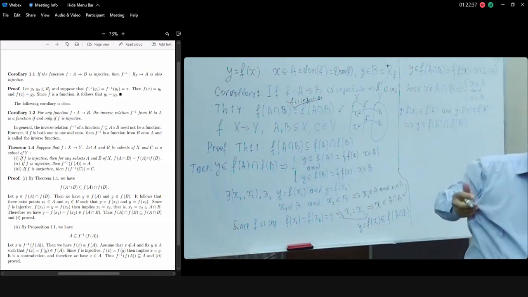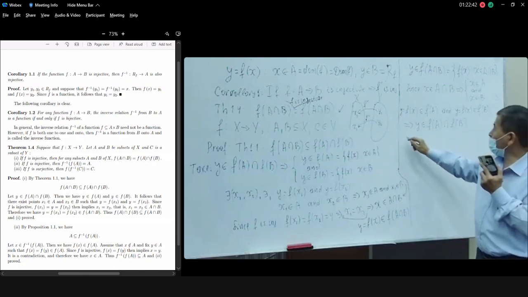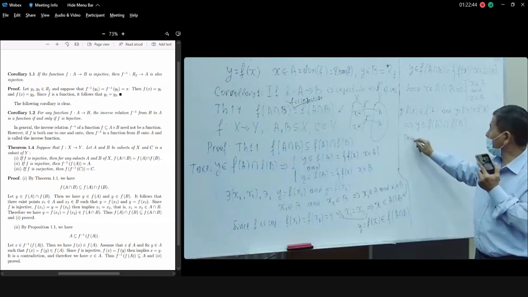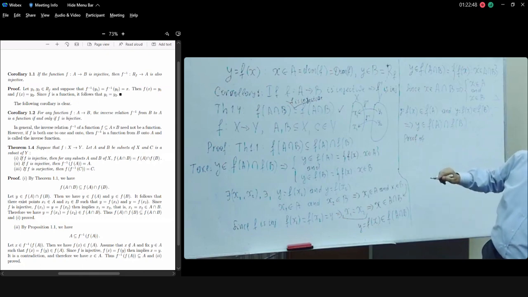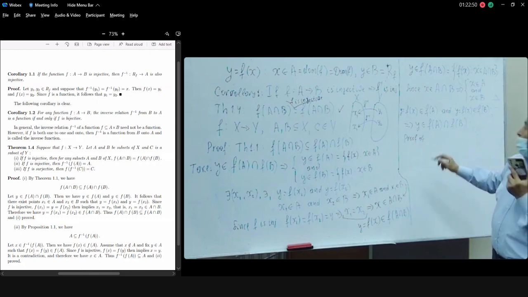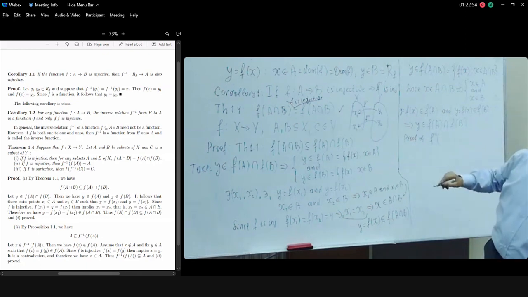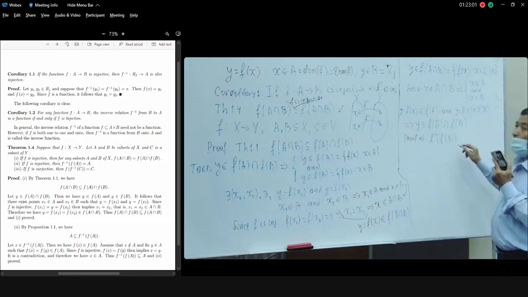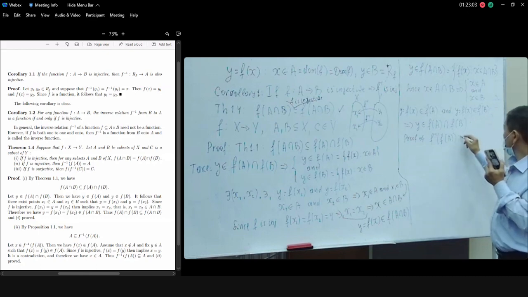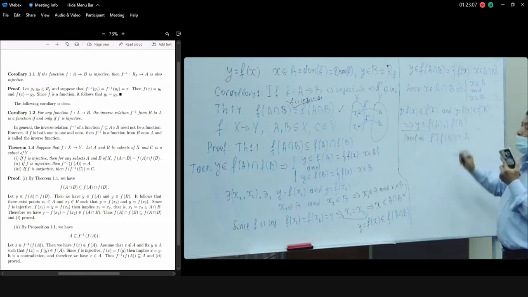You see, 1.1 says that, actually, I am proving the proof of this: f minus 1 of f of A is equal to A. Okay, now I am proving this equality.